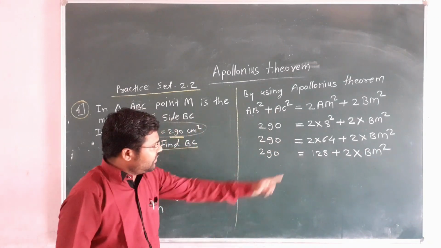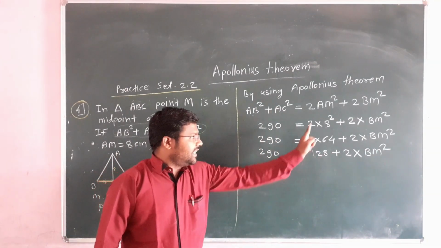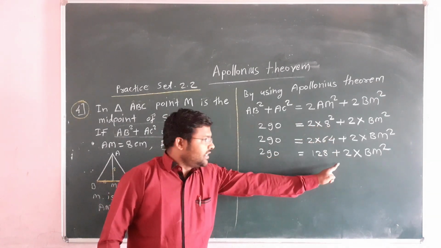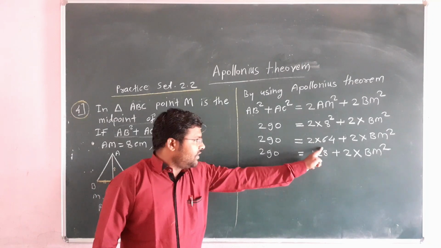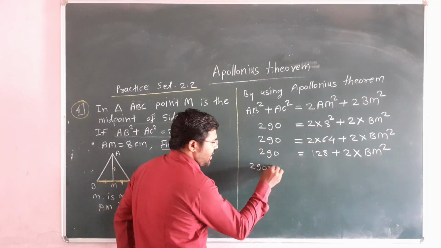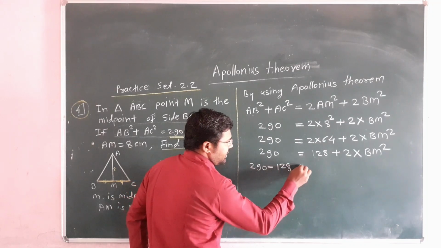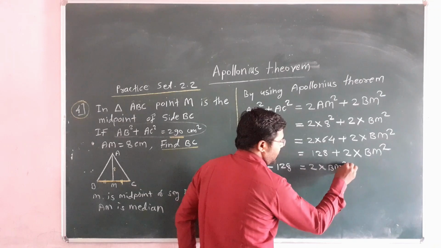Okay, now 128 is positive on the right hand side, so on the left hand side it will be minus. So write here 290 minus 128 is equal to 2 into BM square.